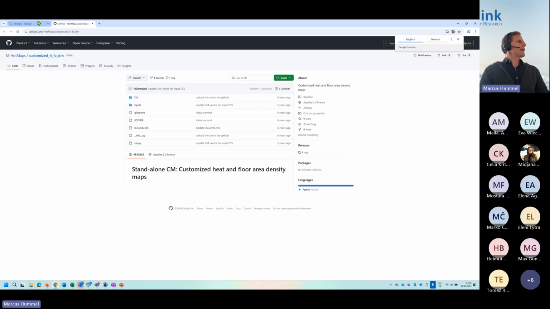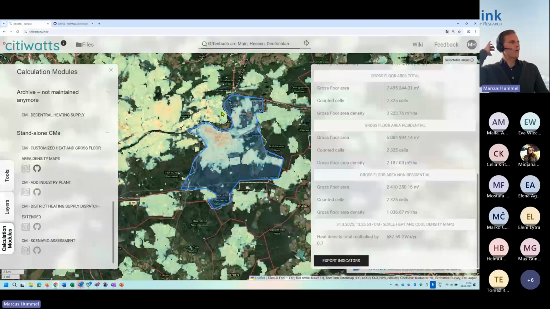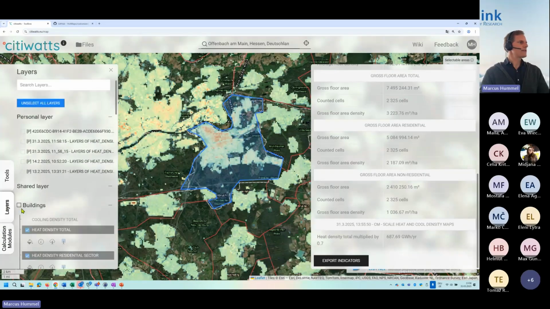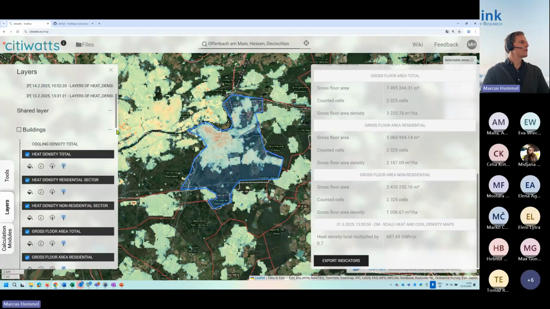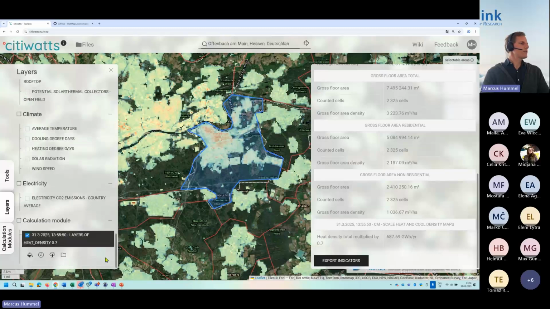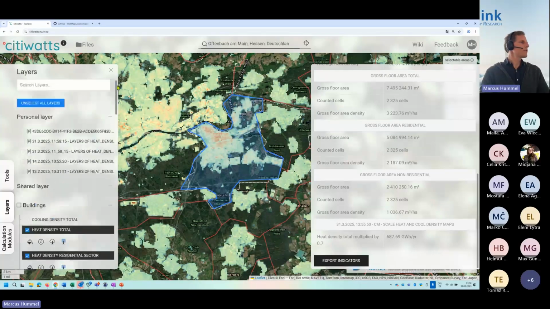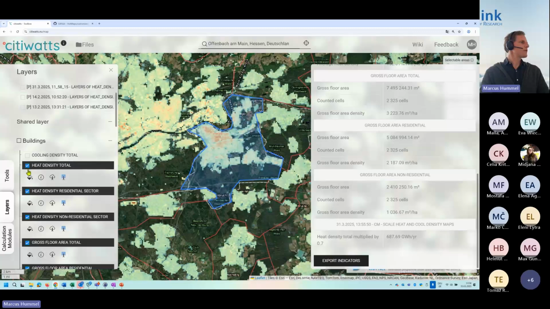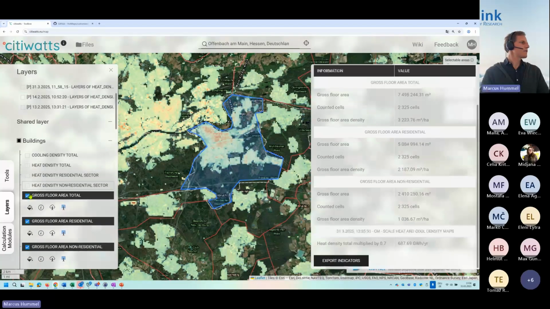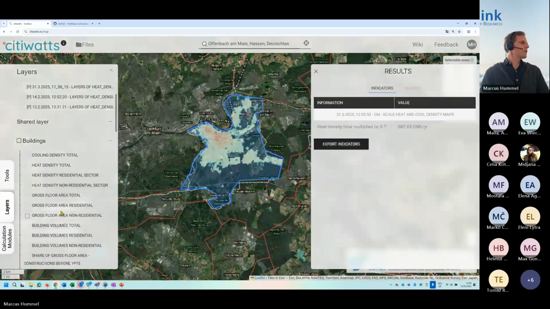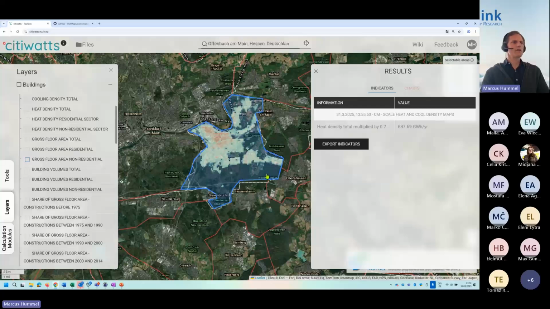Good. Let's go back. Now, what I promised to show you is that you can go back to the layers section. If you go down to the bottom, you see the map that has been generated. I put away all the other maps that we had selected, so what you see now is only that map.